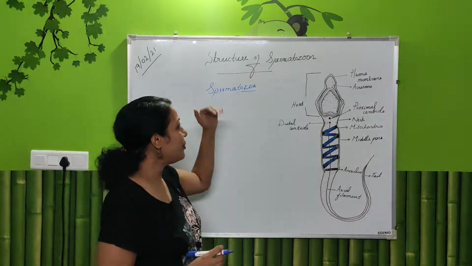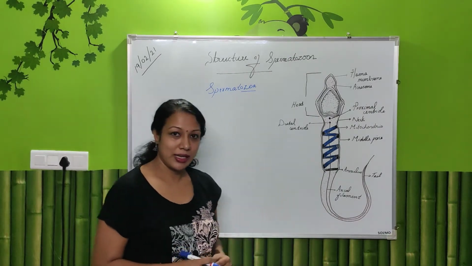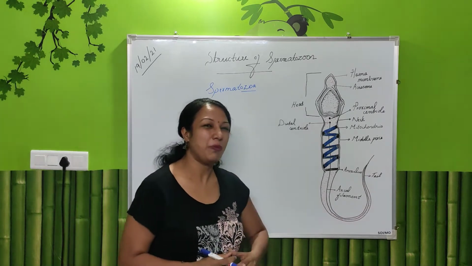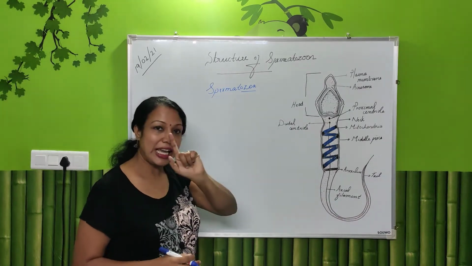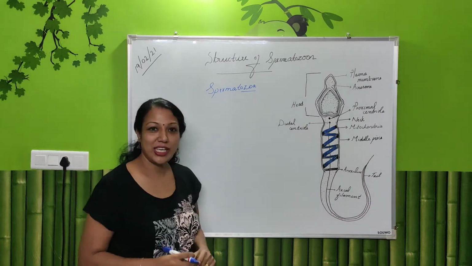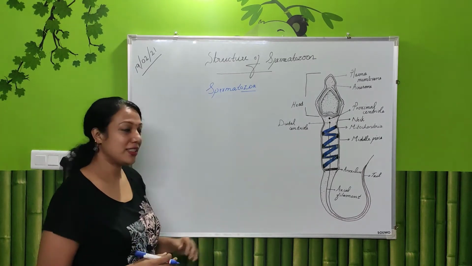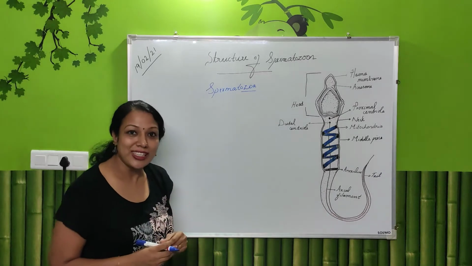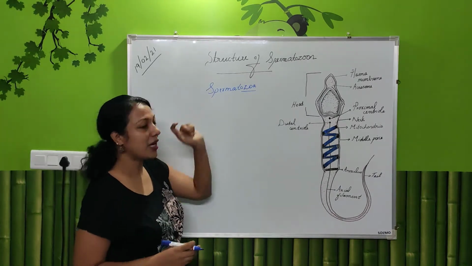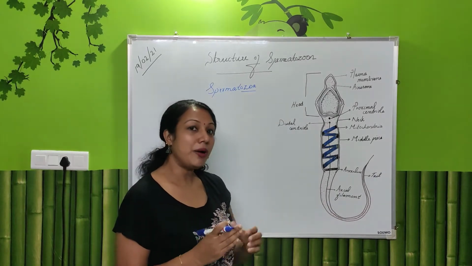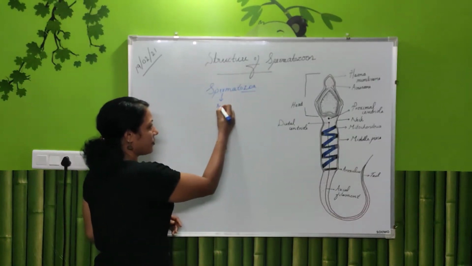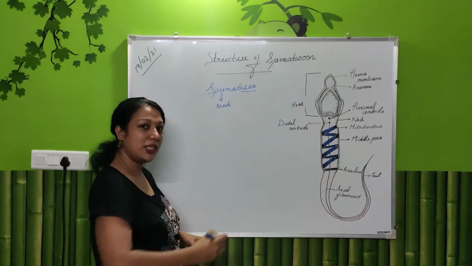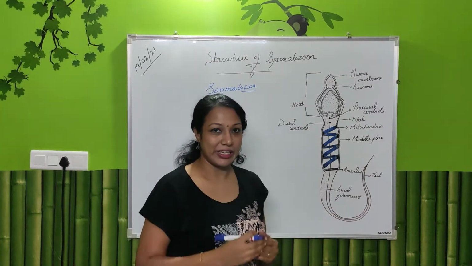Now, as I used to tell you in my earlier videos also, whenever you get any word in biology, first you have to understand what is the meaning of this word. Sperma means seed. This is something which shows a future generation.